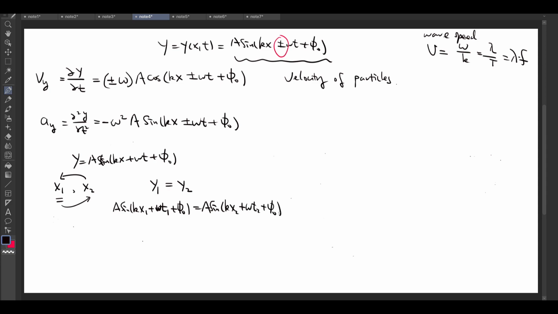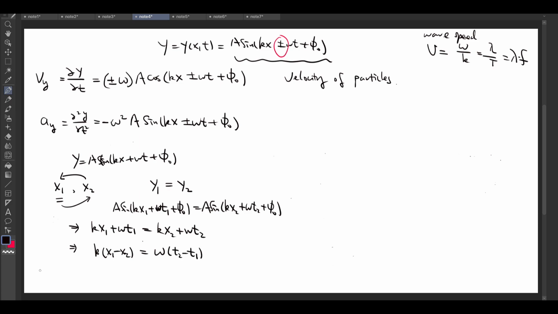In order for this equation to be true, we must have kx1 plus omega t1 equals kx2 plus omega t2, because the two phi naught cancel out. Let's rearrange the terms: k(x1 minus x2) now equals omega(t2 minus t1).